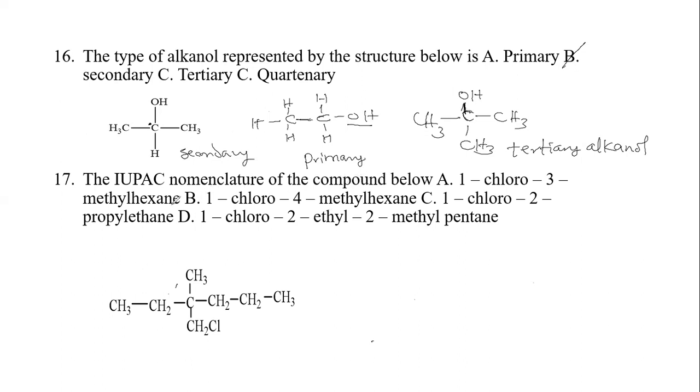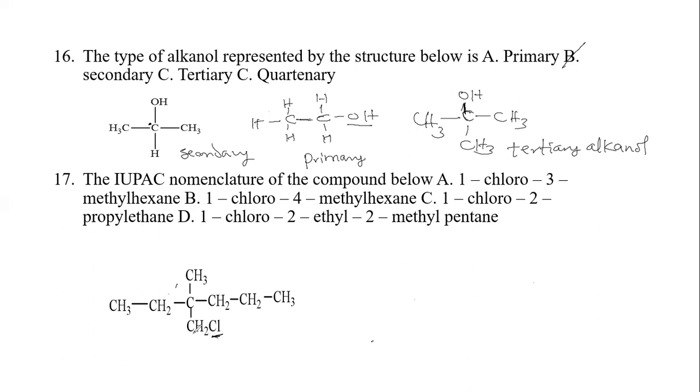Question number 17 asks: the IUPAC nomenclature of the compound below is what? Now, when you look at this compound, does it have a functional group? Of course, it has a functional group, the chloro functional group. So therefore, taking the longest carbon chain must involve this Cl.